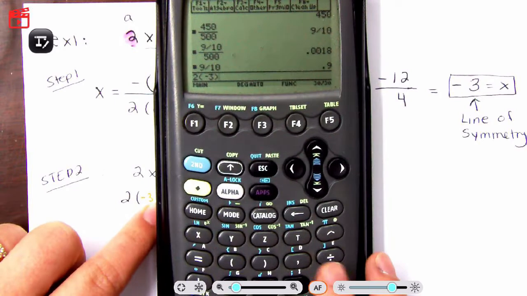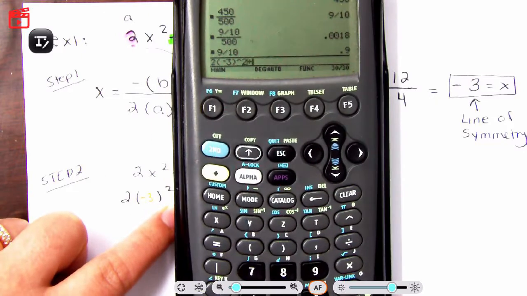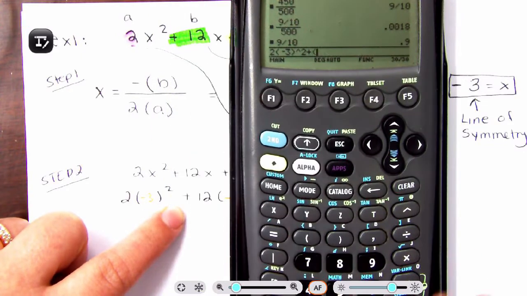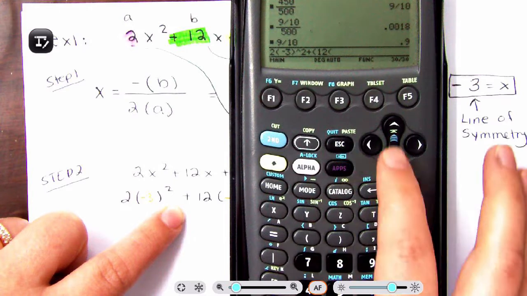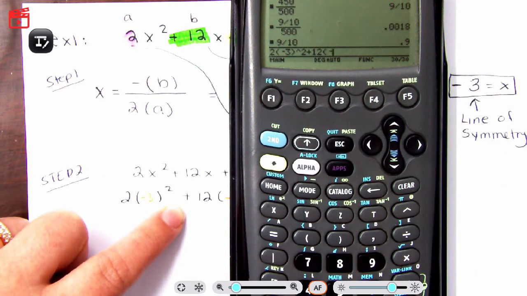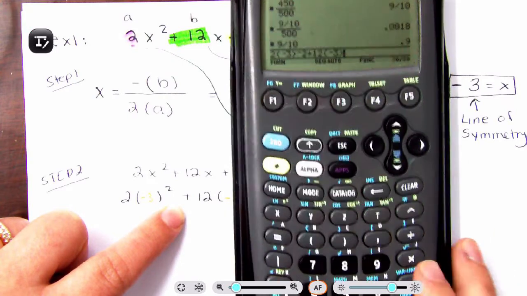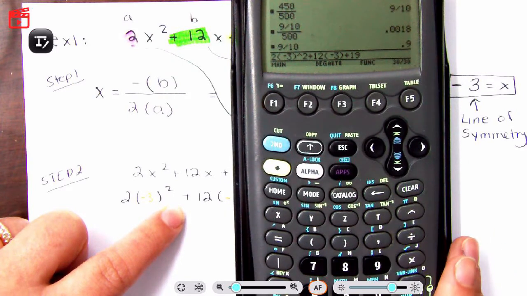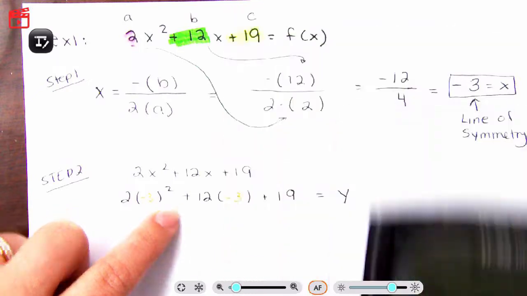I'm going to square that. My calculator doesn't have a square button, so I have to use the caret 2. And then plus 12 times negative 3, and then plus 19.